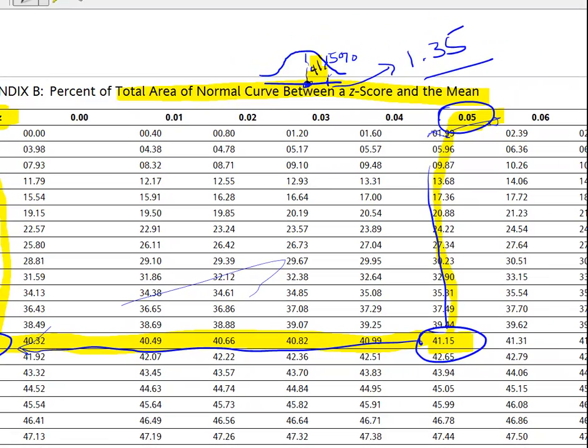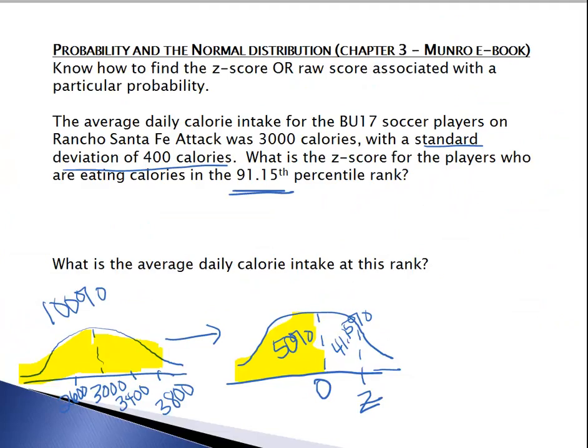Okay, so now I know that my Z-score is 1.35, so I'm going to write that here.